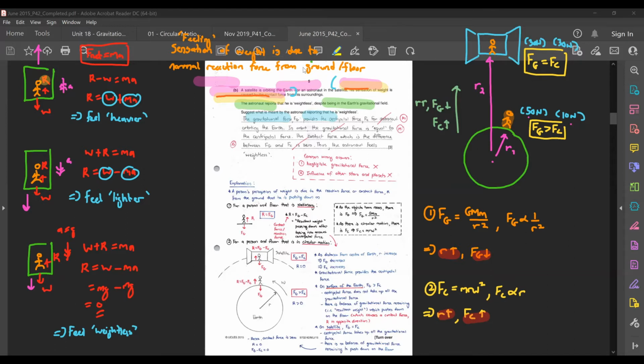On the surface of the Earth, there is a resultant downward force. But when you're on the satellite, there is no resultant downward force.